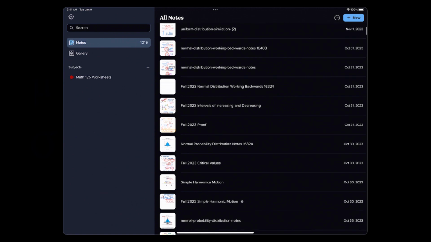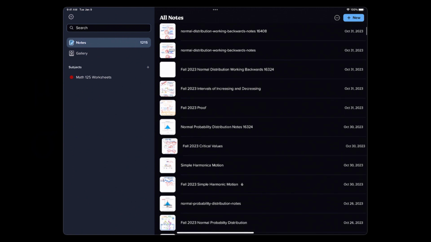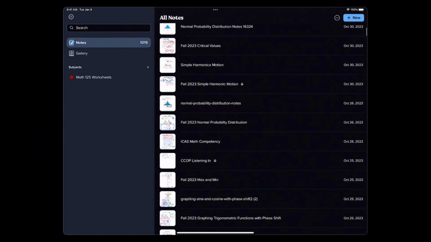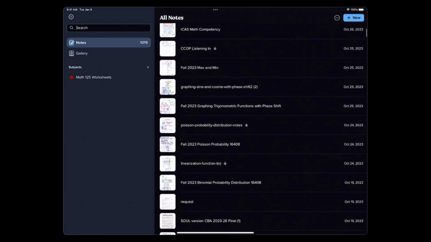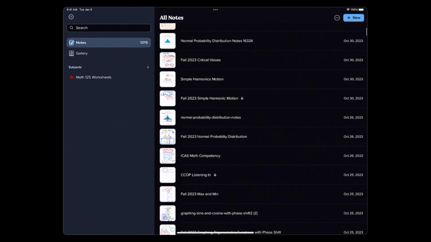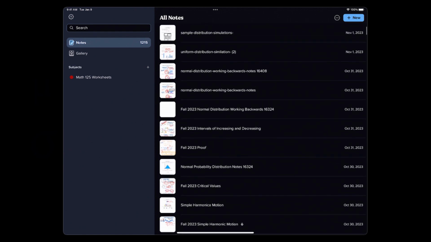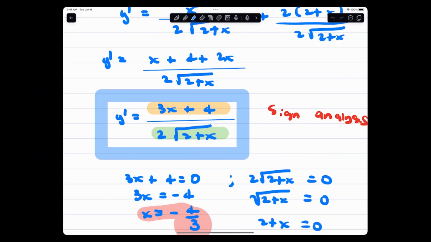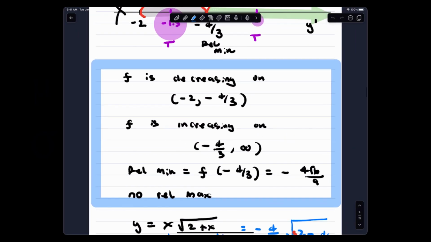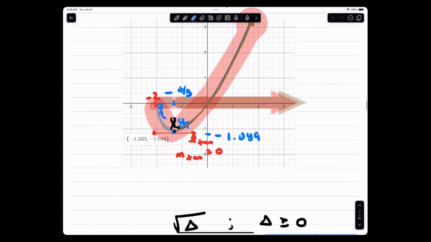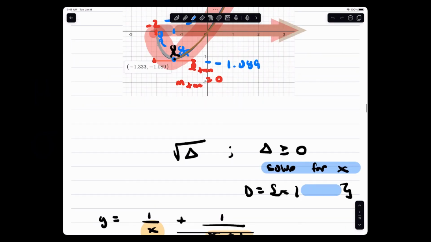I think one of these questions, they're all interesting. See, we already did all that other information here. There's that curve.